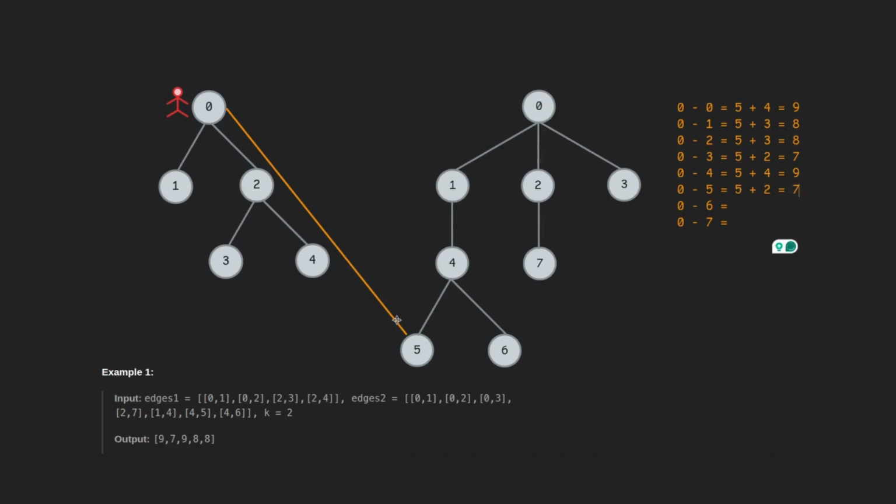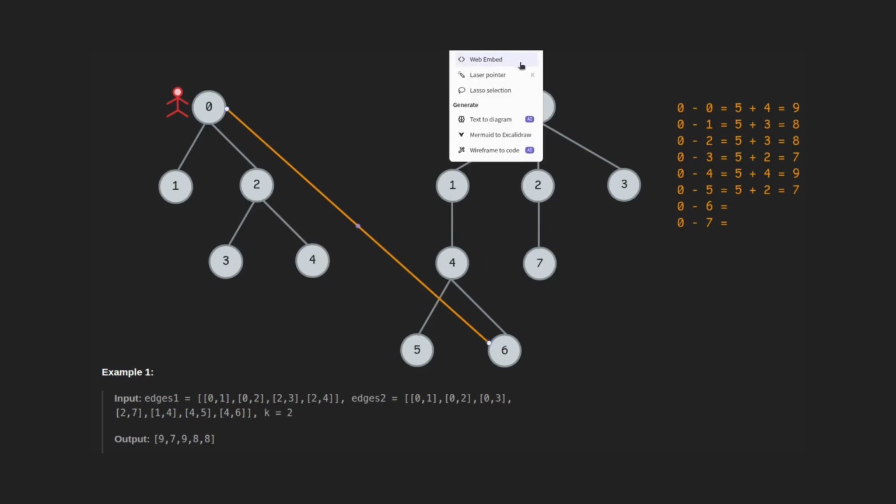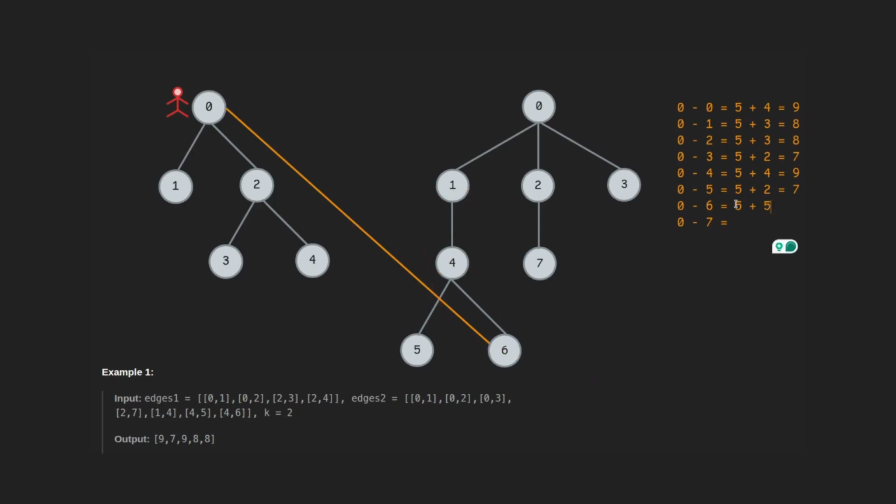Now let us go to the 6th node and see how many elements he can reach in 2 hops. 1, 2, right? Only 2 elements he can reach in 2 hops. And the next one, 28 is 7, right? 1, 2, that's it.